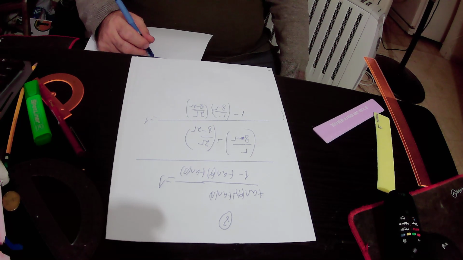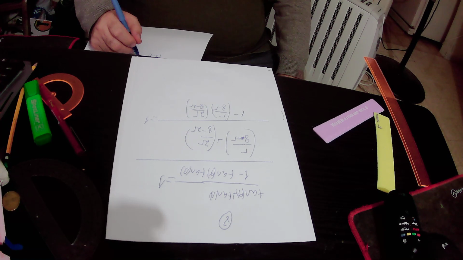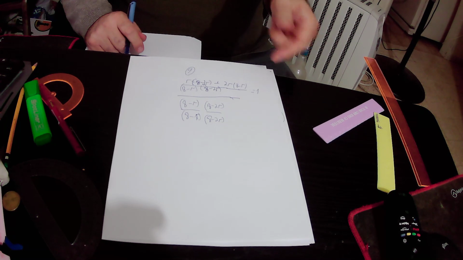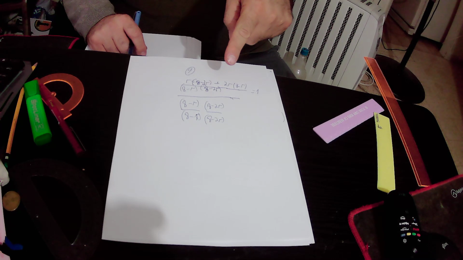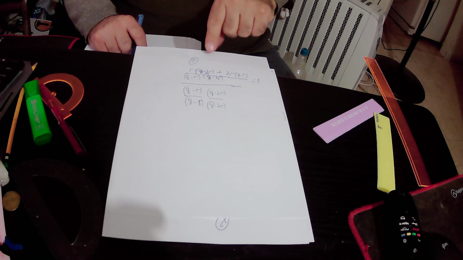So instead of r, we will write down 8 minus r over 8 minus r, and then we will write down 8 minus 2r over 8 minus 2r, so actually this expression is 1, because 8 minus r over 8 minus r is 1, and 8 minus 2r over 8 minus 2r is 1. So in total this expression equals 1.